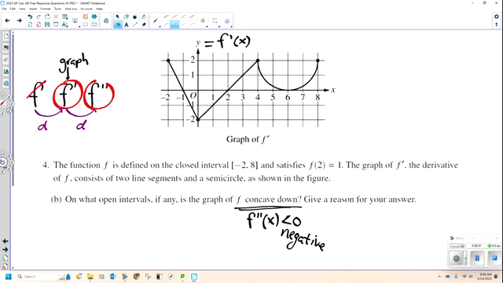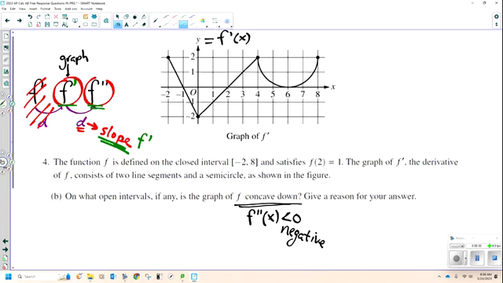So let's disregard this for right now for this question. Derivative is the same thing as slope. If I'm at f prime, I just look at the slope of f prime, and that will give me the second derivative.